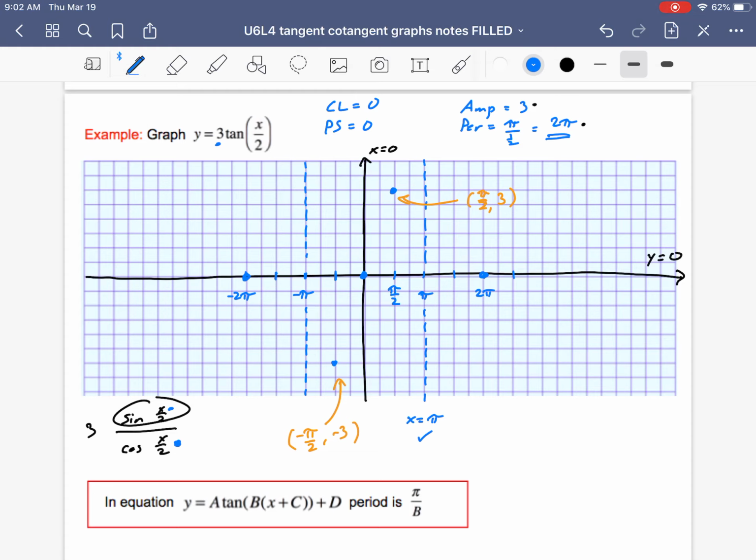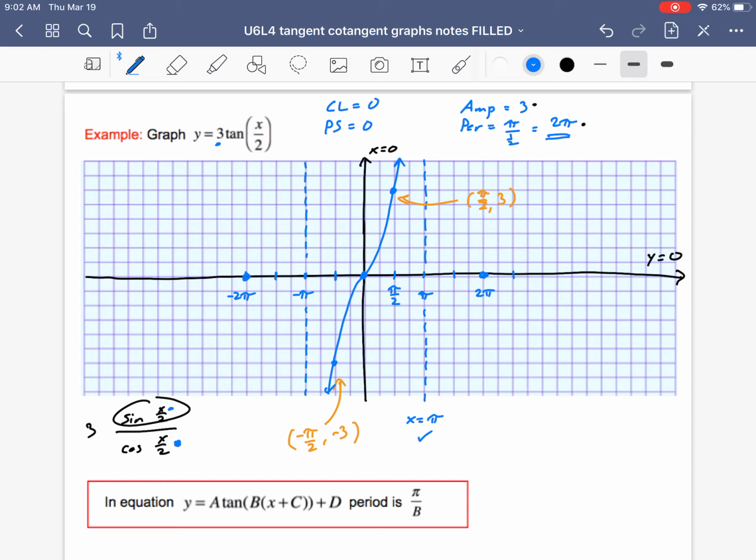All right, so our graph is going to look something like that. It's a little bit more vertically stretched. Let's make that point of inflection show there. So something like this, and it's going to approach these asymptotes.